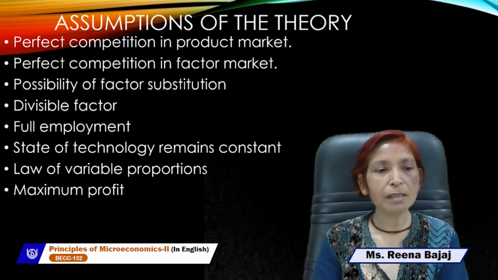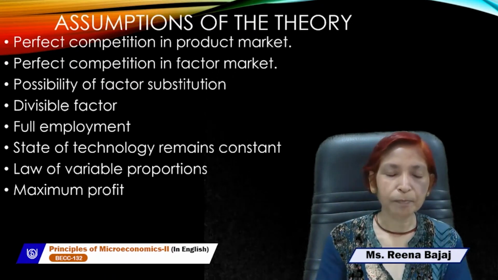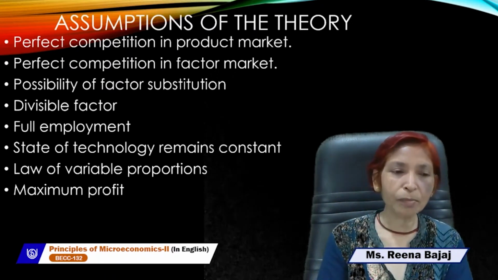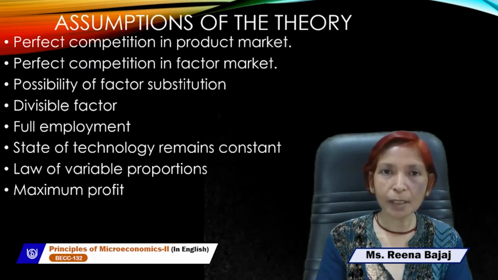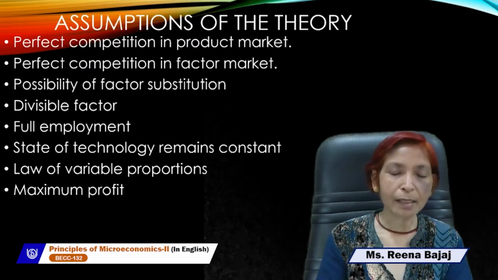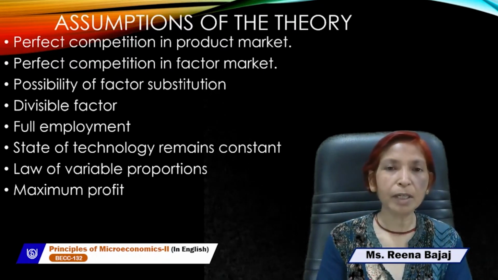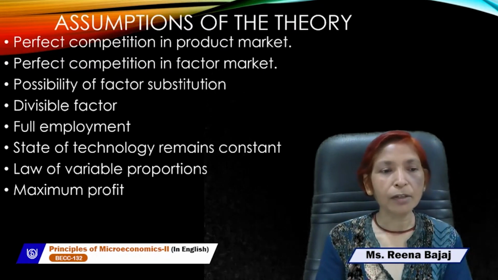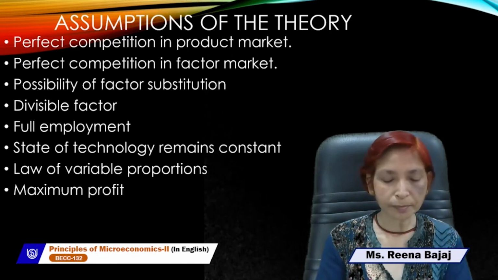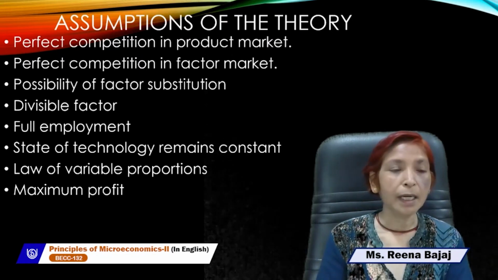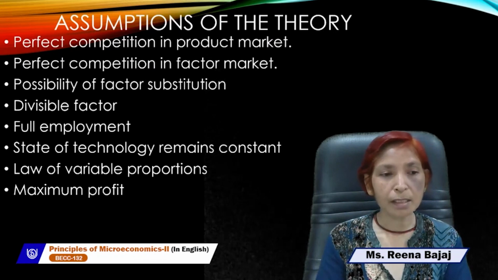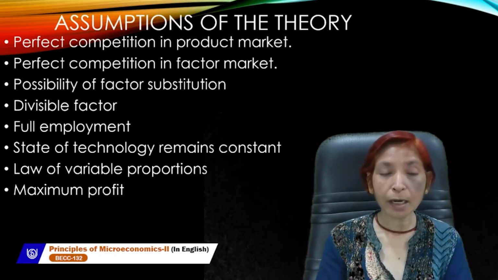The next assumption is divisible factors. Under this assumption, we assume that factors are divisible. It means factors can be divided into smaller parts and in different proportions. For example, land can be divided into smaller parts, but labor can't be divided.